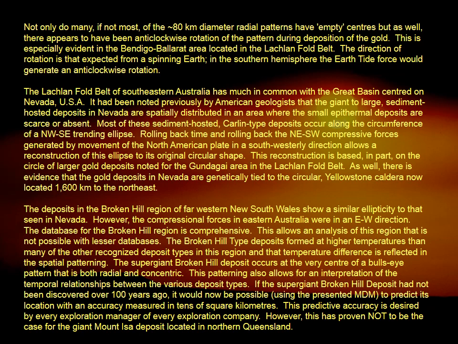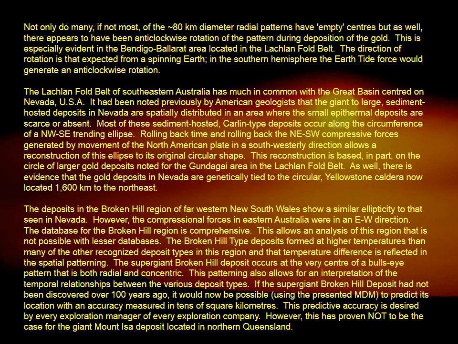It had been noted previously by American geologists that the giant to large sediment-hosted deposits in Nevada are spatially distributed in an area where the small epithermal deposits are scarce or absent. Most of these sediment-hosted Carlin-type deposits occur along the circumference of a northwest-southeast trending ellipse.